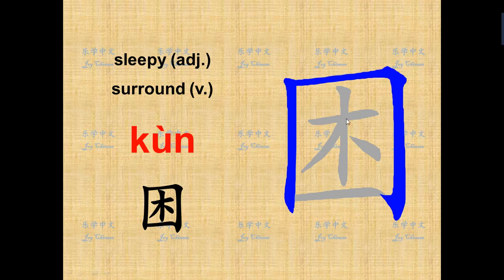So we start from 木, and this is the last stroke of 木. At last, we close the gate. Kùn, so it has two meanings. As an adjective, sleepy. I feel sleepy, we say 我困了. Or something surrounded, stuck somewhere. 困.